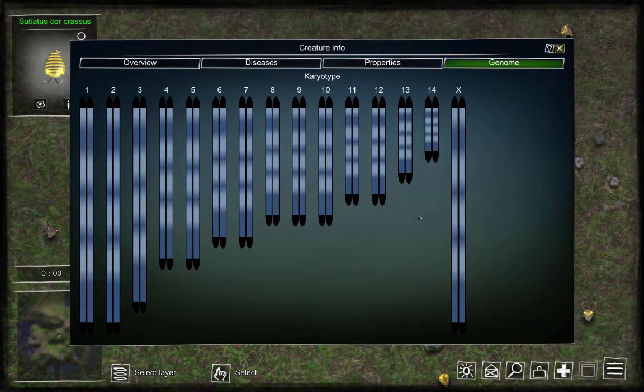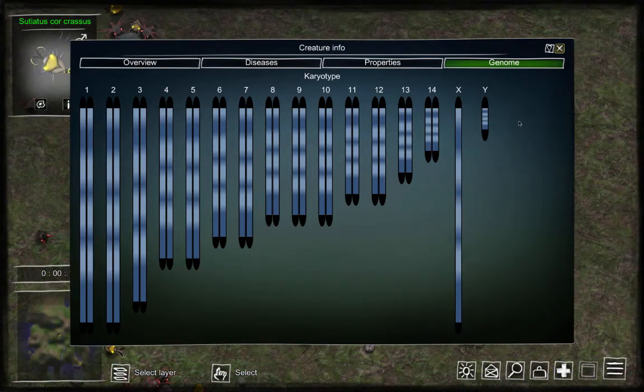I have chosen a female creature because it has 2 X chromosomes. If I choose a male creature, we can see that it has 1 X and 1 Y chromosome. The chromosomes and the genes are always generated in the beginning of the simulation.